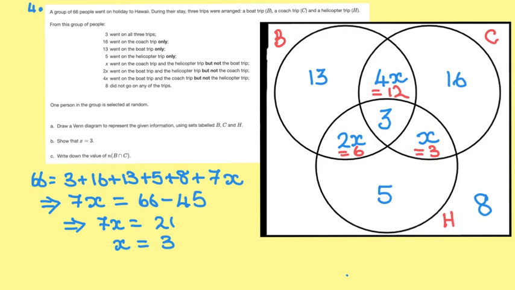C. Write down the number in B intersection C. Well, B intersection C is this area here, which is equal to 12 plus 3. So B intersection C is equal to 15.